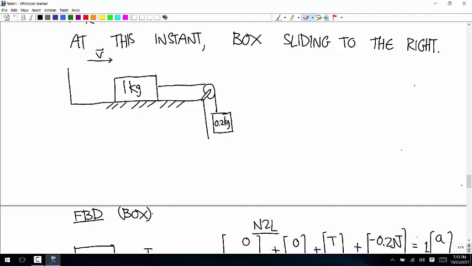That's given as part of the problem. If we know that the acceleration is 0, that means that this will just keep moving at whatever that initial velocity was. It'll keep moving with that velocity to the right. Okay, so it's not speeding up or slowing down. It's just exactly balanced.